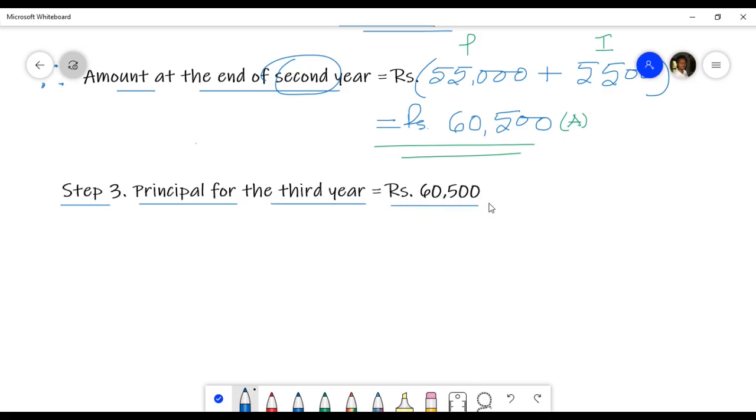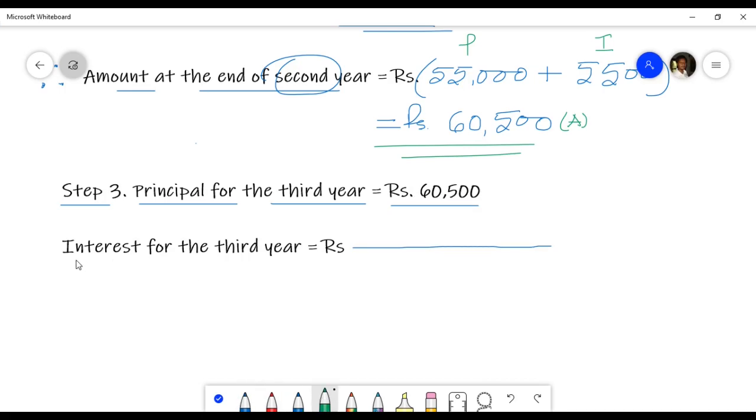We have to find the interest for the third year, and interest for the third year will be principal into rate into time by 100. So the principal for the third year is 60,500 into rate is 10%, into time is 1 year, by 100.